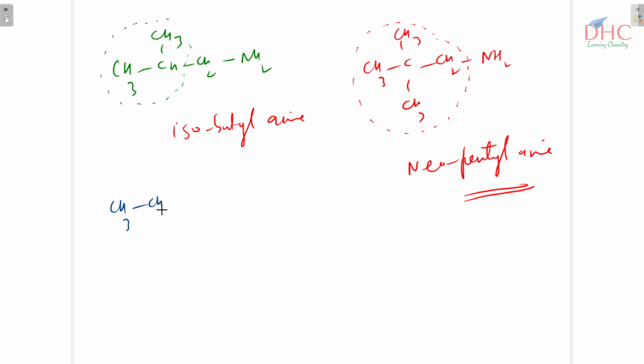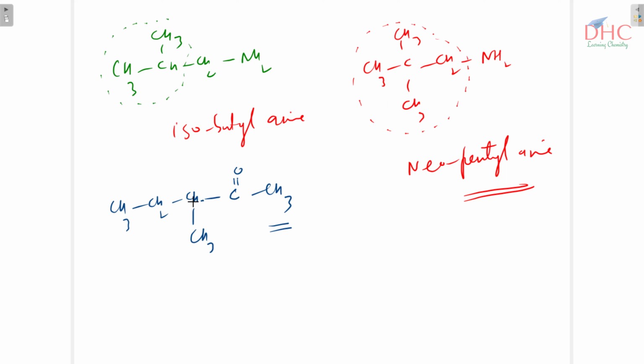Similarly, we have examples like CH3 single bond CH2 single bond CH single bond CH3, then we have C double bond O, then CH3. Now here the alkyl groups are different, so we have to use alphabetical order. Here methyl means M, and this one, 1, 2, 3, 4, is butyl, and that too secondary butyl. Why? If you look at this carbon, it has 2 carbons on it, one from here and another from here, so it's a secondary carbon.